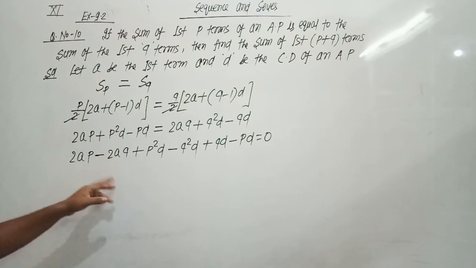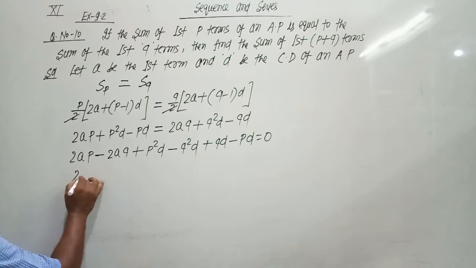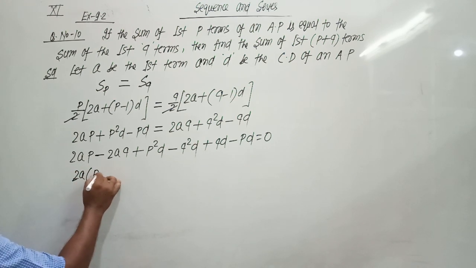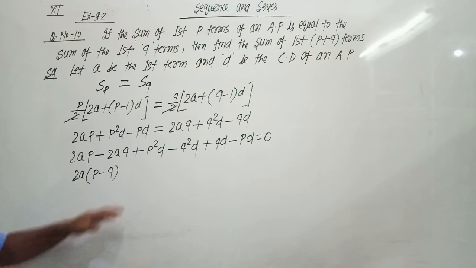From the first two terms, 2a is common, so we get 2a(p − q).